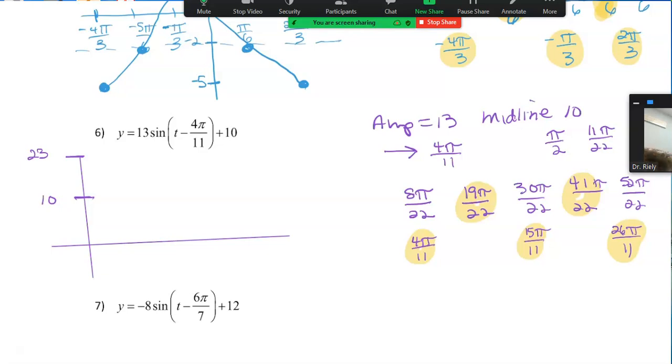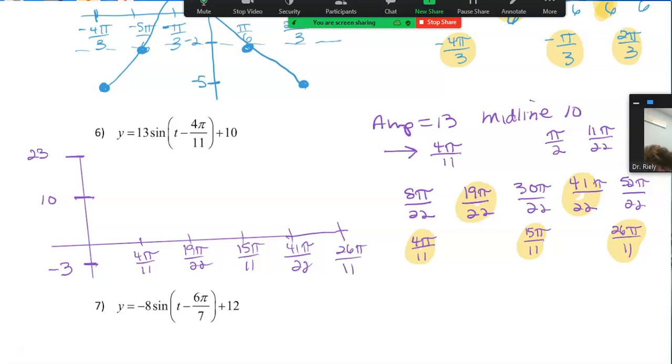Subtract 13 from 10, and you get negative 3. Those are the only values you want to have on your y-axis. Now come the angles: 4 pi over 11, 19 pi over 22, 15 pi over 11, 41 pi over 22, and 26 pi over 11.